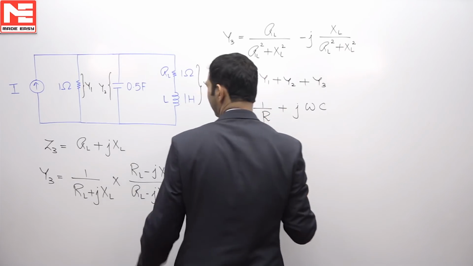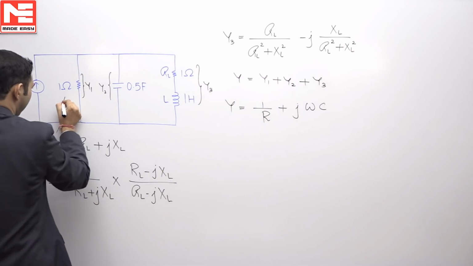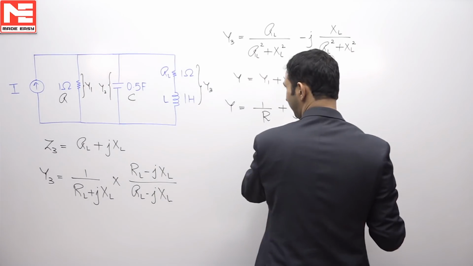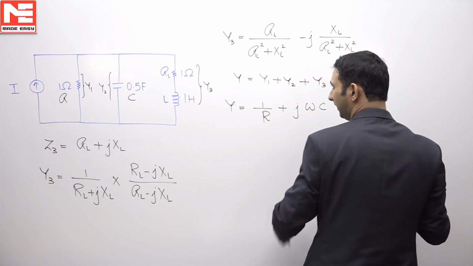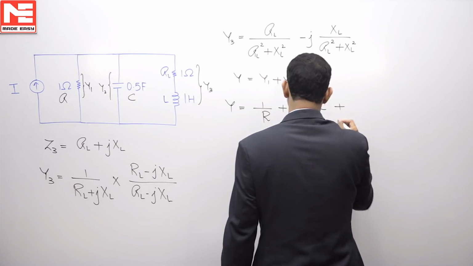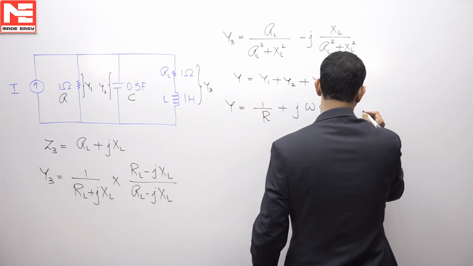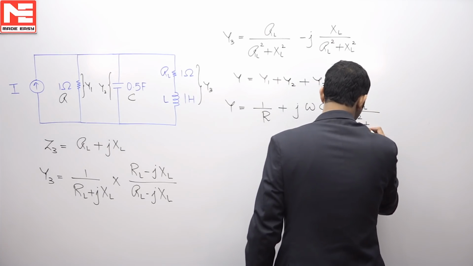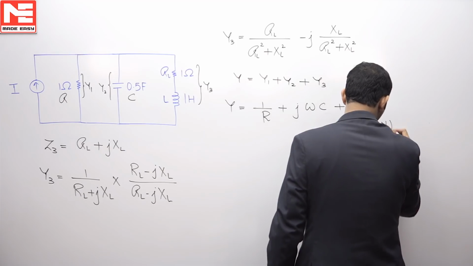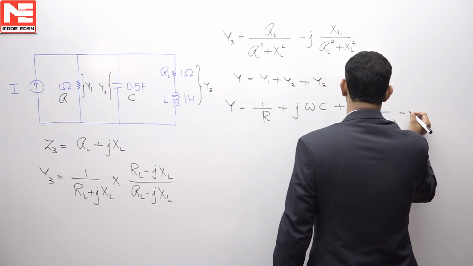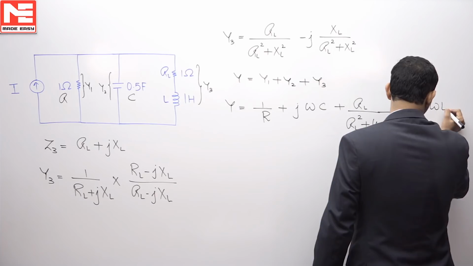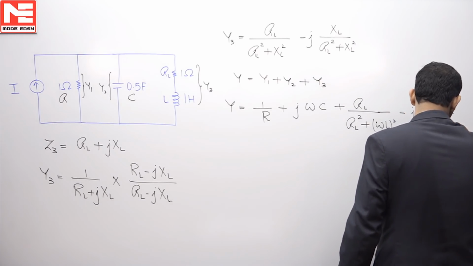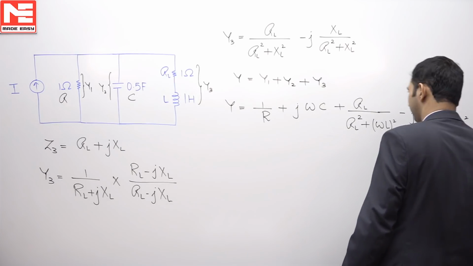Let us take this one as R and this one as C. So this one is 1 by R, this is jBC, that is j omega C, plus Y3 will be RL upon RL square plus, let us put the value of XL, that is omega L whole square, minus j omega L upon RL square plus omega L whole square.